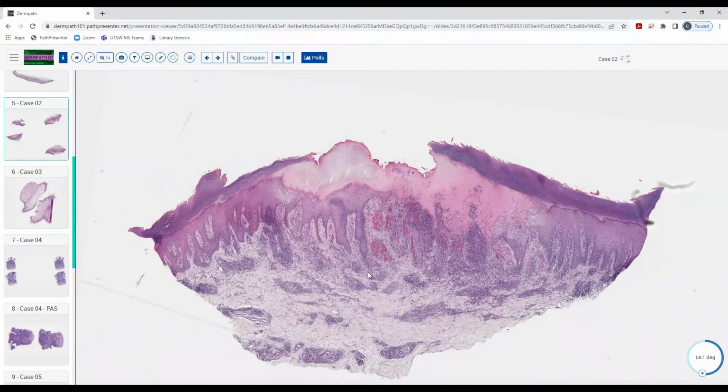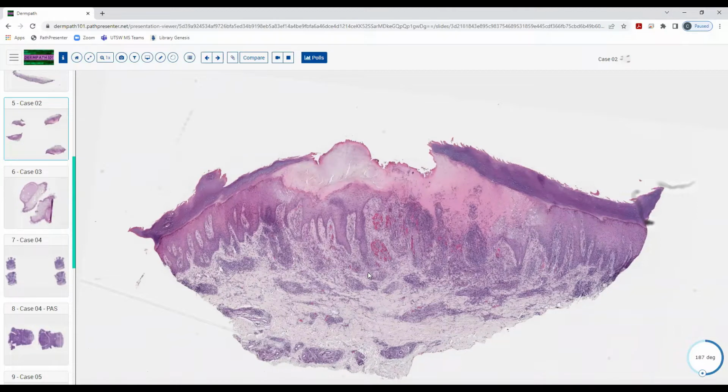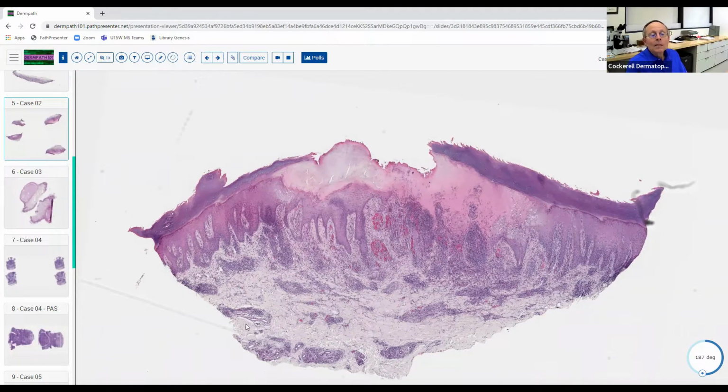So I think that this is acral surface. Good. My thought was, is this a nail, like the nail plate? It's not nail, and you can see there are still some sweat glands down here. So you're right, it's acral, probably near palm or sole.